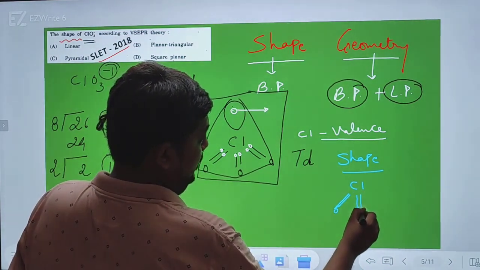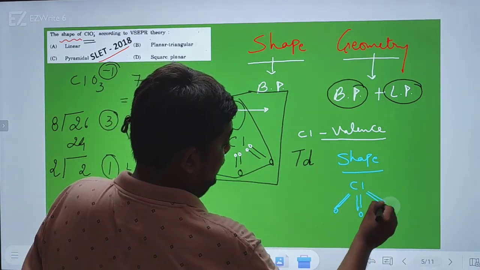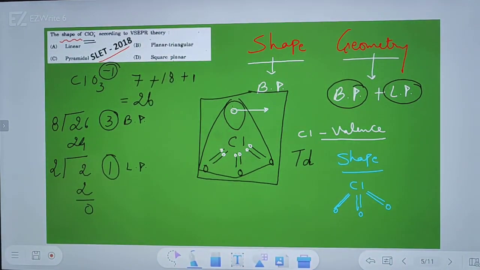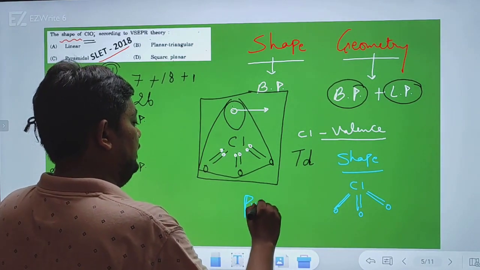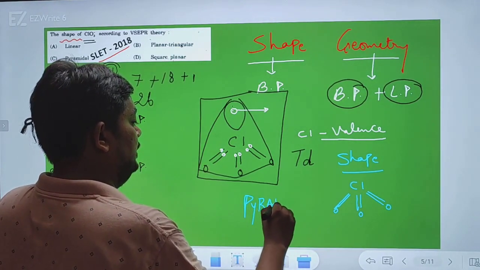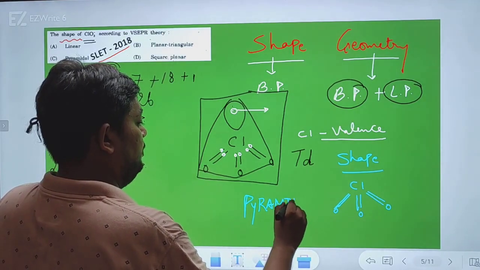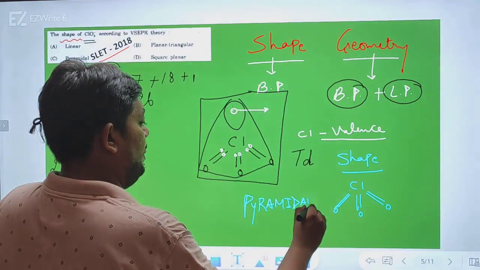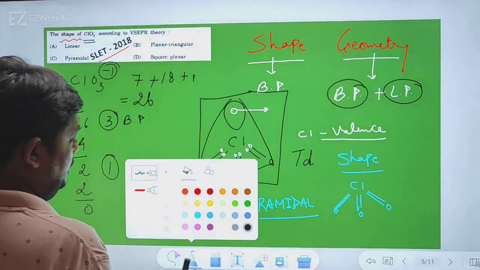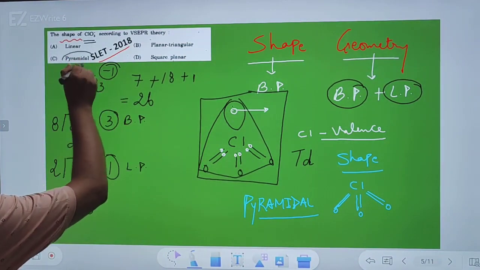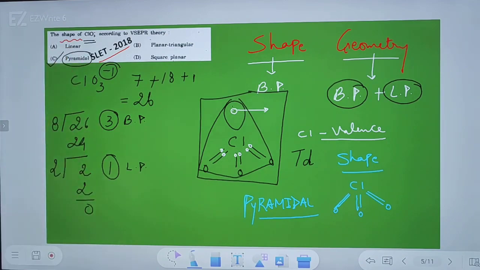I have only the 3 oxygen to be considered, and just considering the 3 oxygen and nothing else, it very precisely has the answer pyramidal, and opting for pyramidal will always fetch you a full score. So pyramidal is my answer.